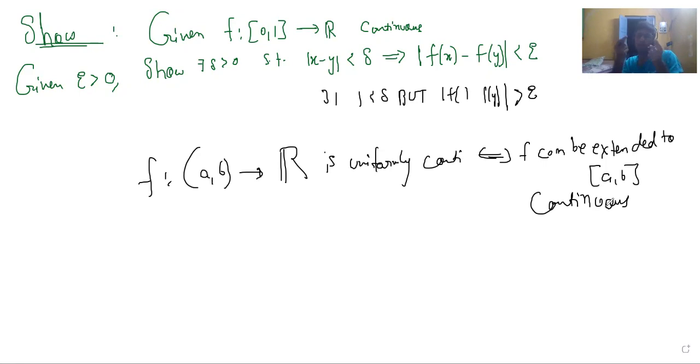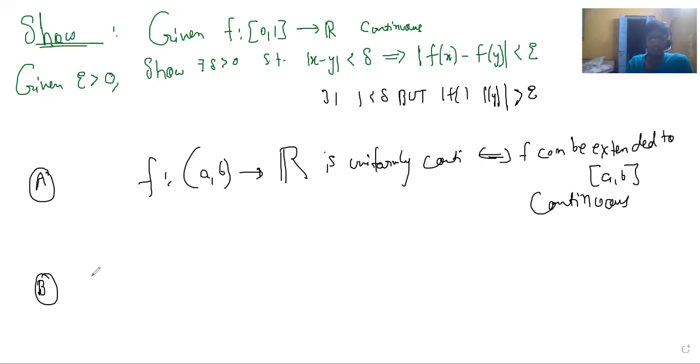So you can assign two values at the endpoints so that the resulting function is continuous. You can think about this. One direction is okay. Both directions are the same.